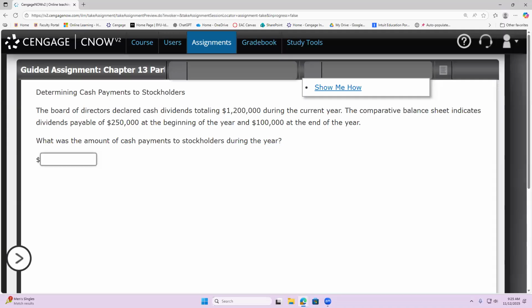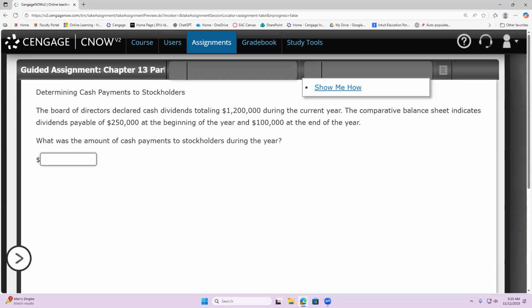So how much did they pay out actually in cash? Because when they go to pay it out, right, they're going to debit dividends payable and credit cash. That's what it's going to look like when they actually pay the dividends. So all I got to know is what's the amount of the debit here? That'll tell me how much was actually paid out in cash.